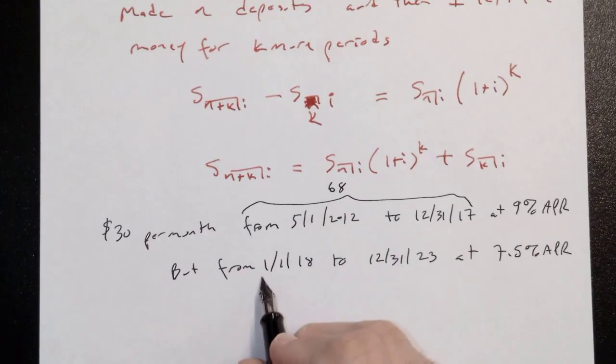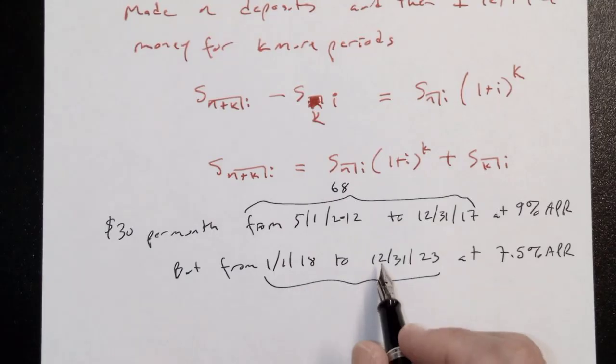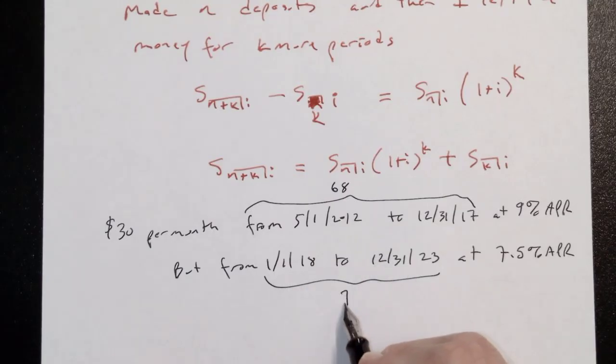And down here, that's how many? Right, because that's exactly all of 6 years. 18 all the way through the end of 23, that's 72 payments.